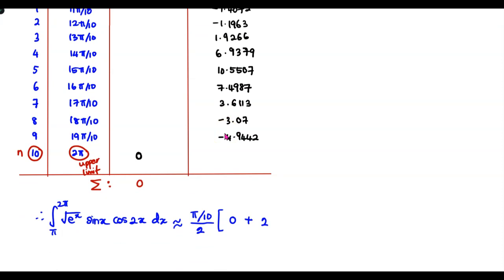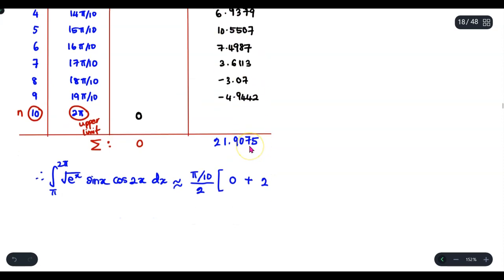So this one would be 21.9075. That is the summation value of this column. So in your trapezoidal formula, it would be 2 times 21.9075.